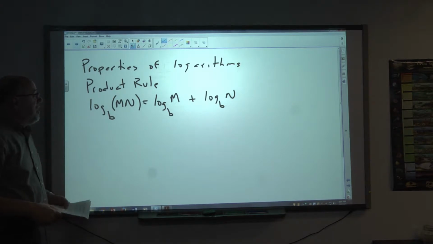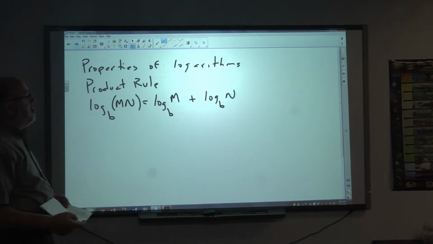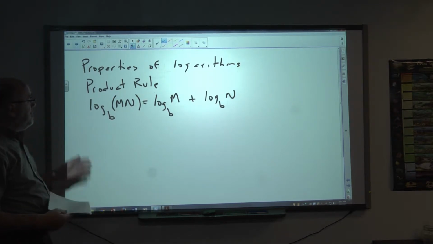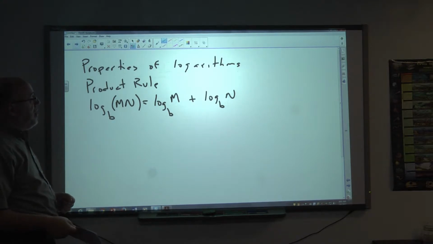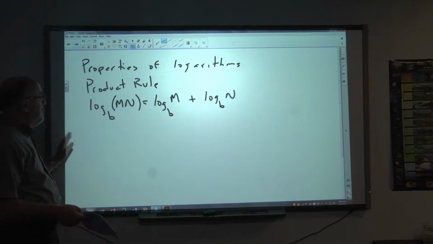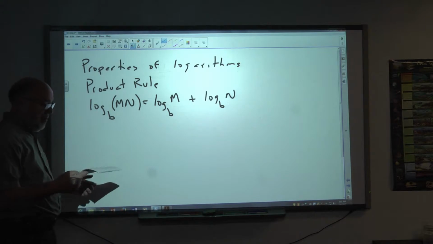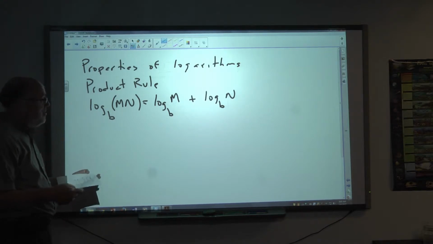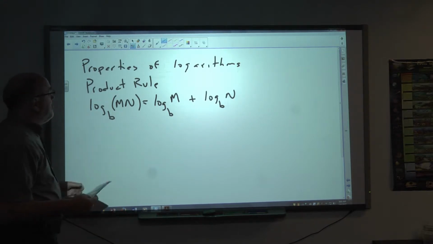Now, a lot of these rules matter less given that everybody has the calculator, where you can plug in any number you want and get the value for the logarithm. But not that long ago, you used to have tables in the back of the math books, and you had to look things up. Obviously, you couldn't print the tables for every number, and so you had to know these things.